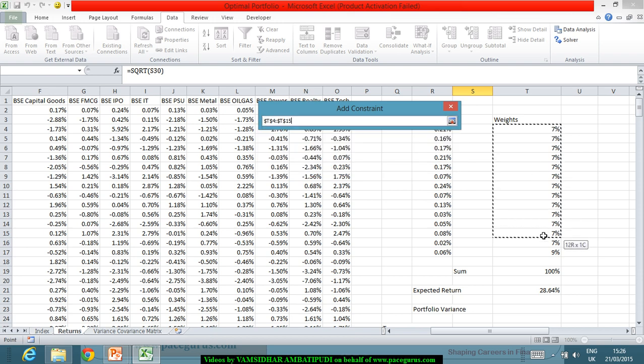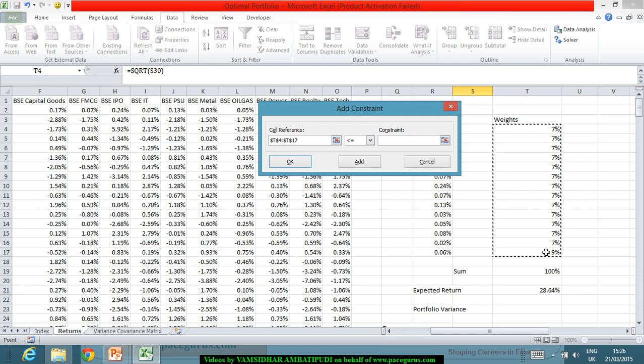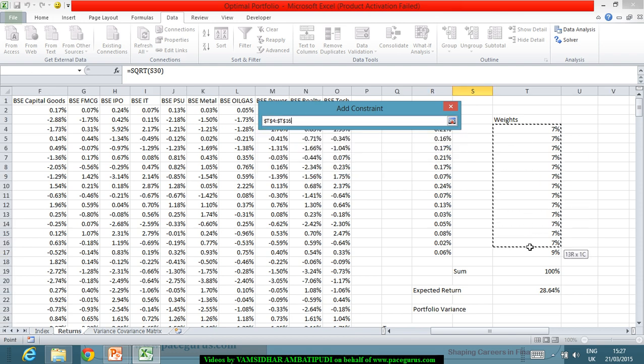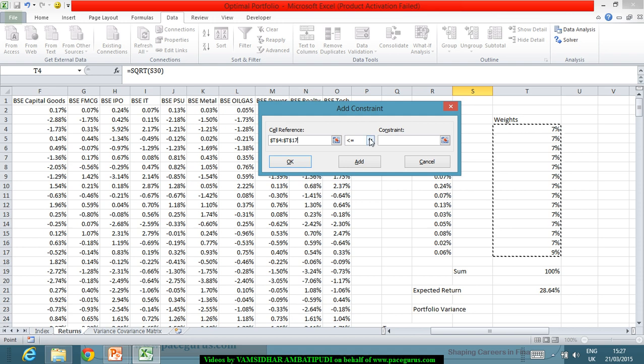Let me put the criteria for you. All these weights individually should be less than or equal to 100%, and greater than or equal to 0. I'm putting a condition that they can't be negative and they can't be more than 1, which means only buy positions are possible.